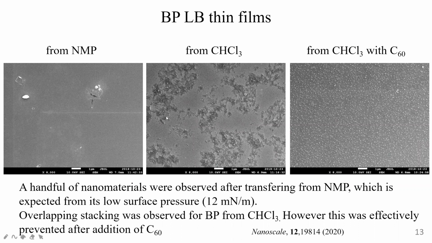But for BP from chloroform, lots of material were observed, but they formed overlapping stacking. This is not expected for a good thin film for devices. However, very interesting is that if the fullerene was added to the black phosphorus in chloroform, the morphology is quite uniform and homogeneous.